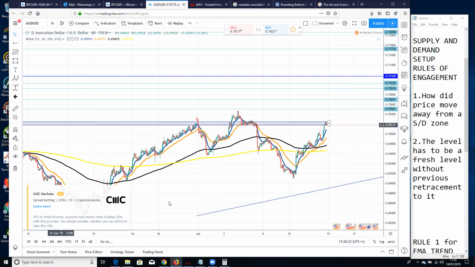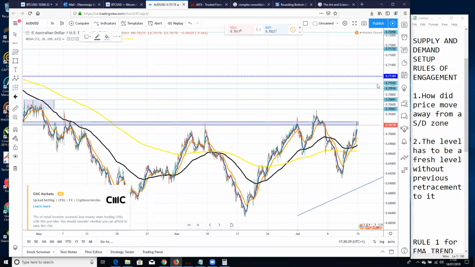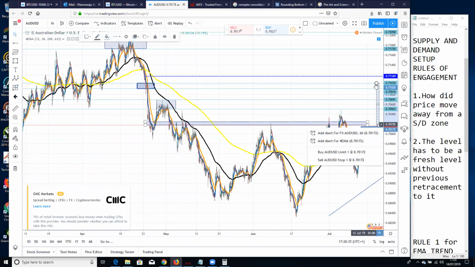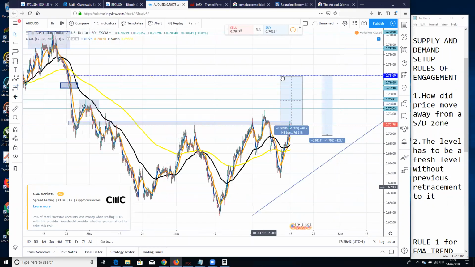What we haven't done is this. I want to mark up this area clearly. So this is the old range that we want price to come down to.